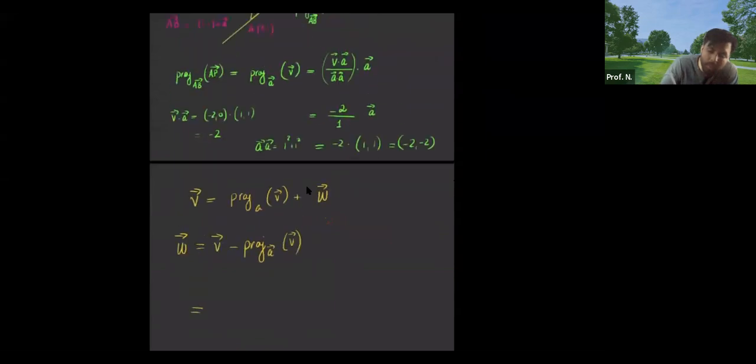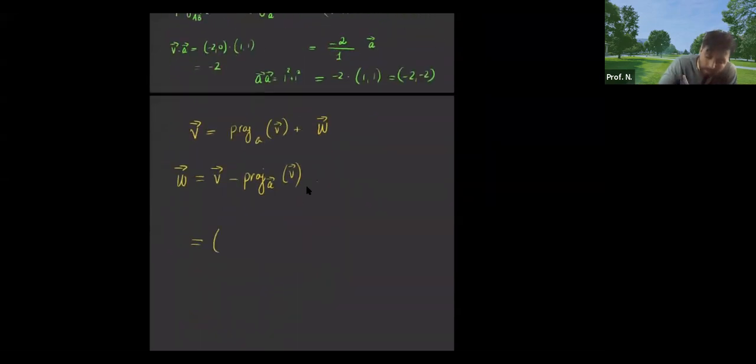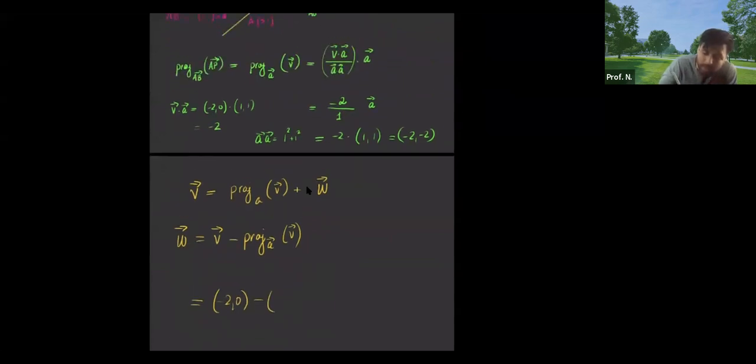So what is V again? V again is negative 2, 0. What is the projection that I just found? Negative 2, negative 2. So negative 2 minus negative 2 is negative 2 plus 2, which is 0. And then 0 minus negative 2 is positive 2.